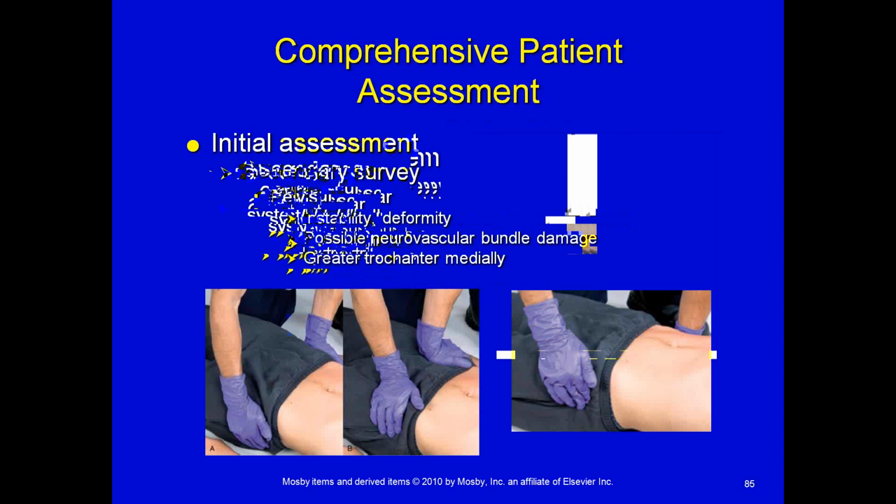In addition to arteries and veins that run along the femur, you also have major nerves that run along that area as well. So when there is a fracture, there may be some possible neurovascular bundle damage.